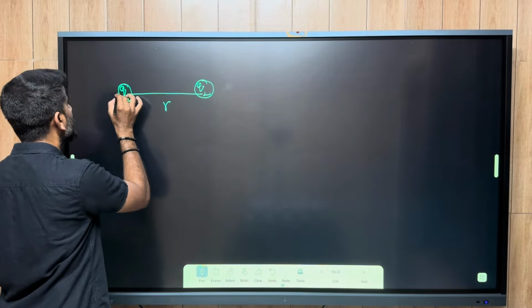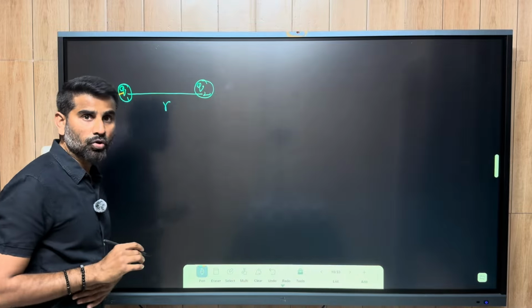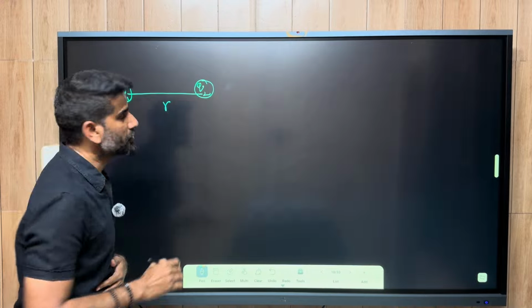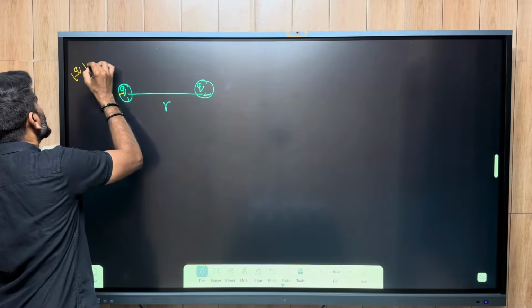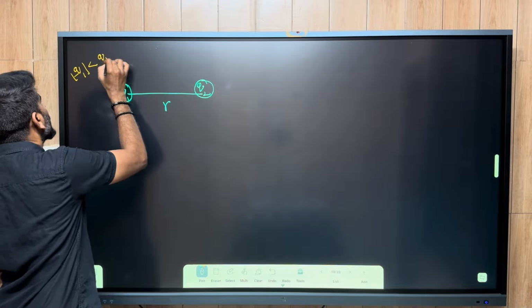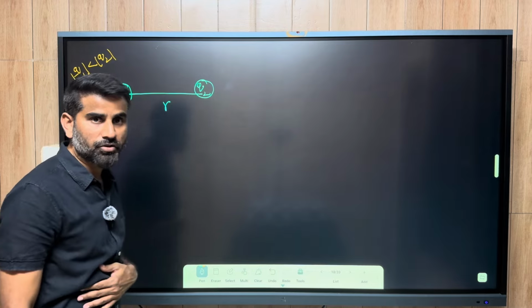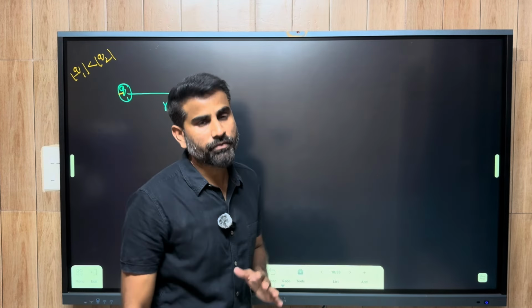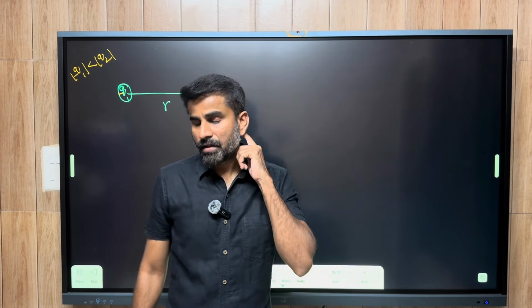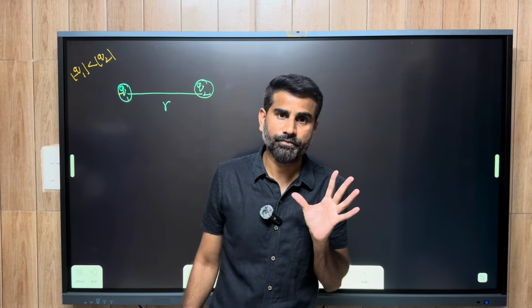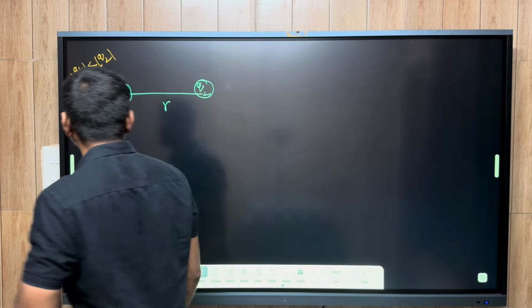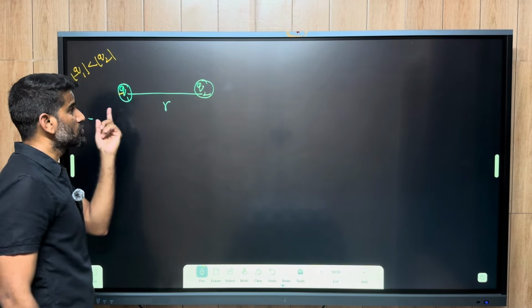Let's take the negative sign for this one. Q1 is negative, Q2 is positive, but however, I know the magnitude of Q1 is less than the magnitude of Q2. Magnitude of Q1 is less than magnitude of Q2. In this case, the null point is near to Q1 itself, but beyond the two charges.